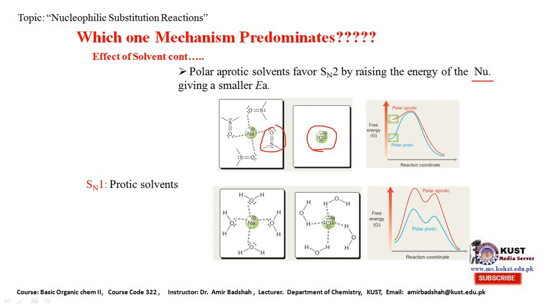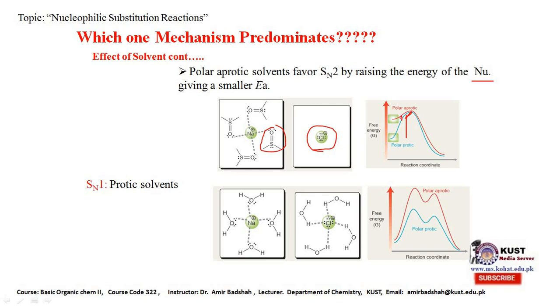So if we use a polar protic solvent, the activation energy of this nucleophile will be higher. But if we use a polar aprotic solvent, then the energy of activation will be low.